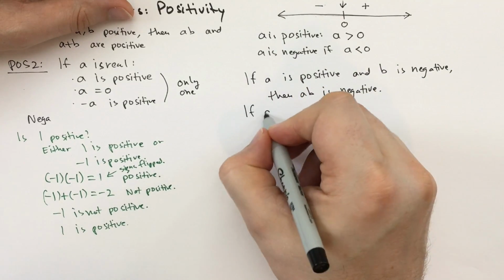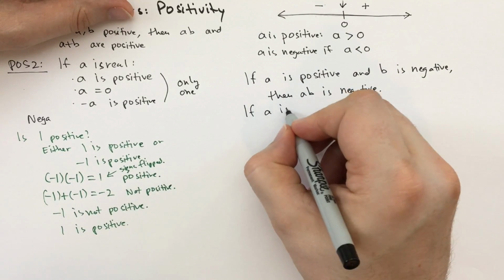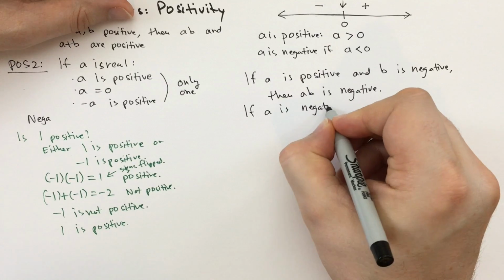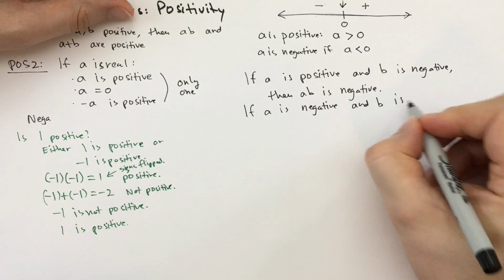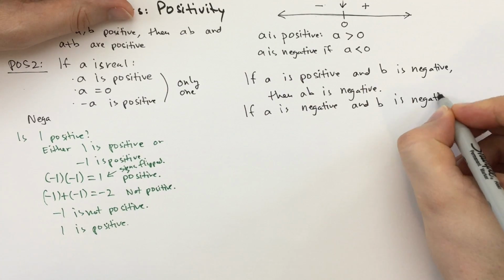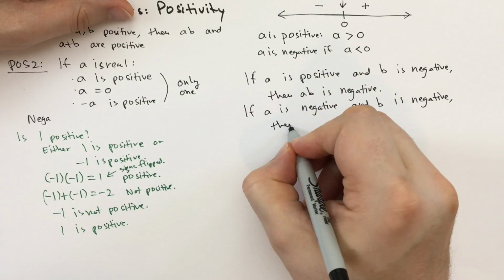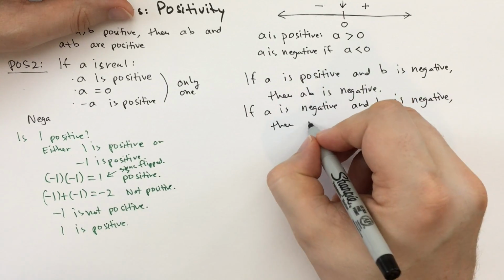Another rule: if A is negative and B is negative, then AB is positive.